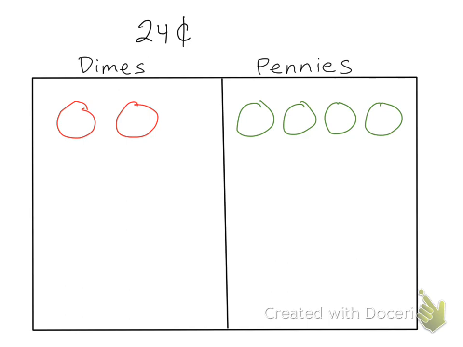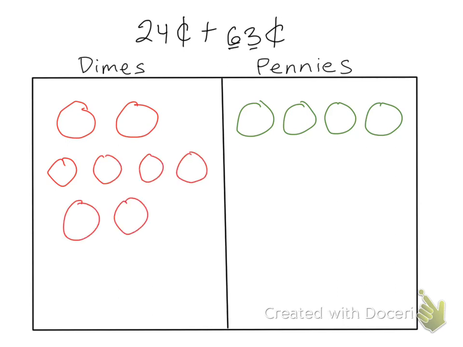Now I want to add 63 cents. So I'm going to add 6 more dimes and 3 more pennies. So 1, 2, 3, 4, 5, 6 dimes, and 3 pennies: 1, 2, 3.